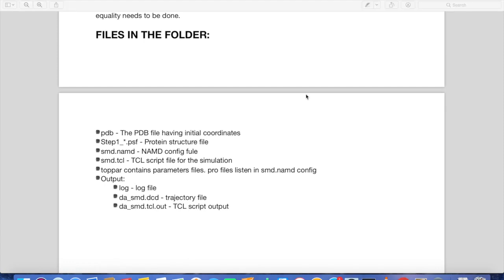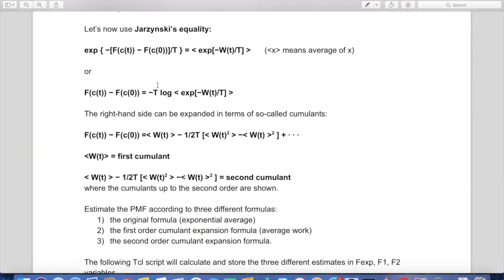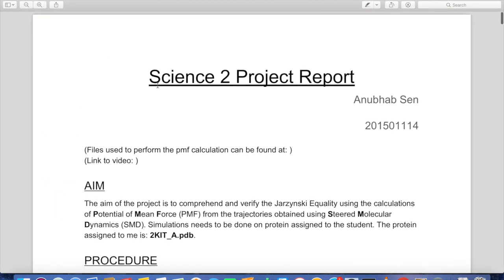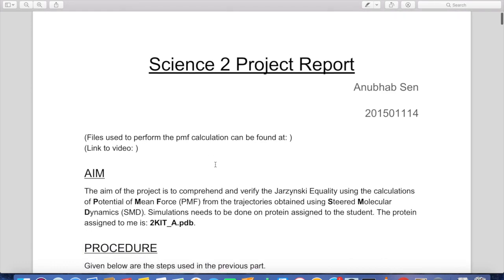Next comes phase 2. Here we need to calculate the PMF. The files used for the PMF calculation and the link to the video will be updated after making the video.